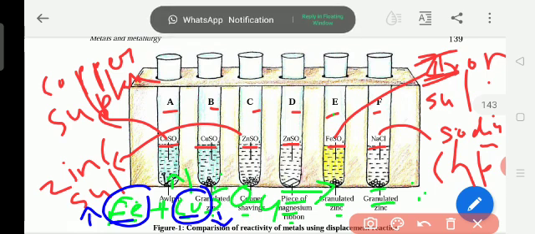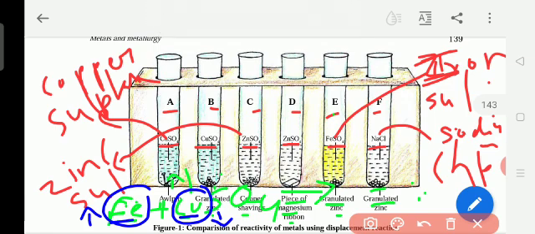So always copper is less reactive. So what is happening here is that iron is displacing the copper from the copper sulfate solution. Since iron is more reactive than copper, it is displacing the copper.